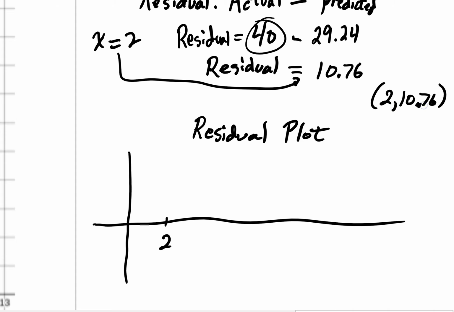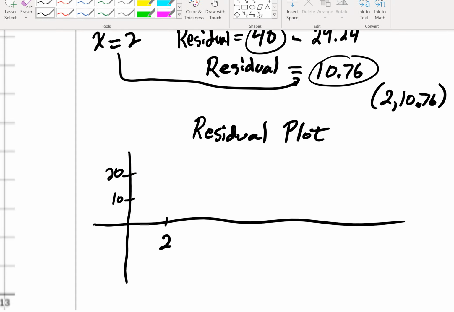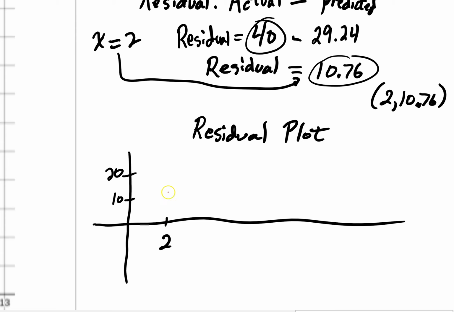We're going to plot the x value of 2 and this residual value, 10.76. Maybe here's 10, here's 20. At 2, we're going to go up to 10.76. It would look something like that.